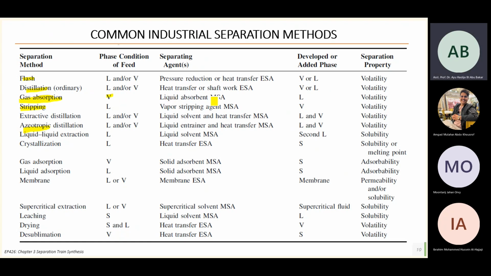For the separating agent, they use liquid absorbent as the MSA. So it develops an added phase, which is the liquid. Initial phase is vapor. When you add MSA in liquid form, you will have an additional liquid phase.